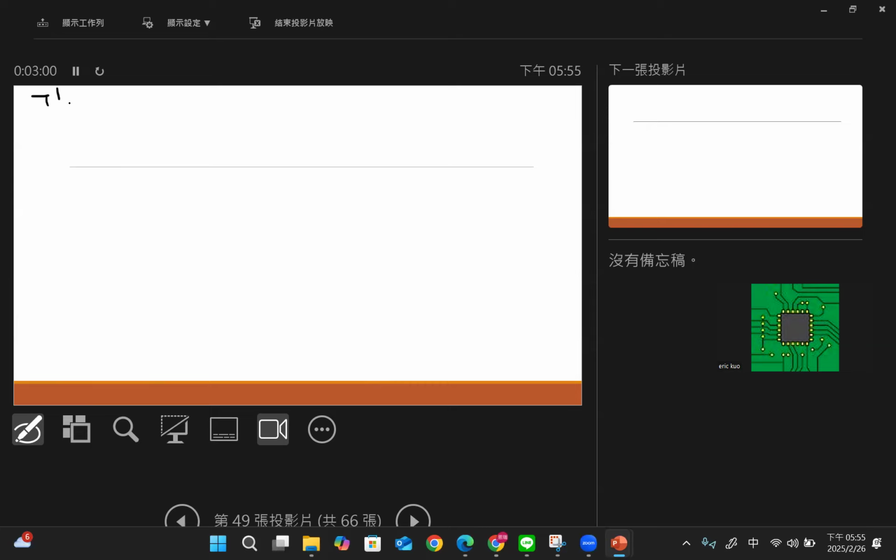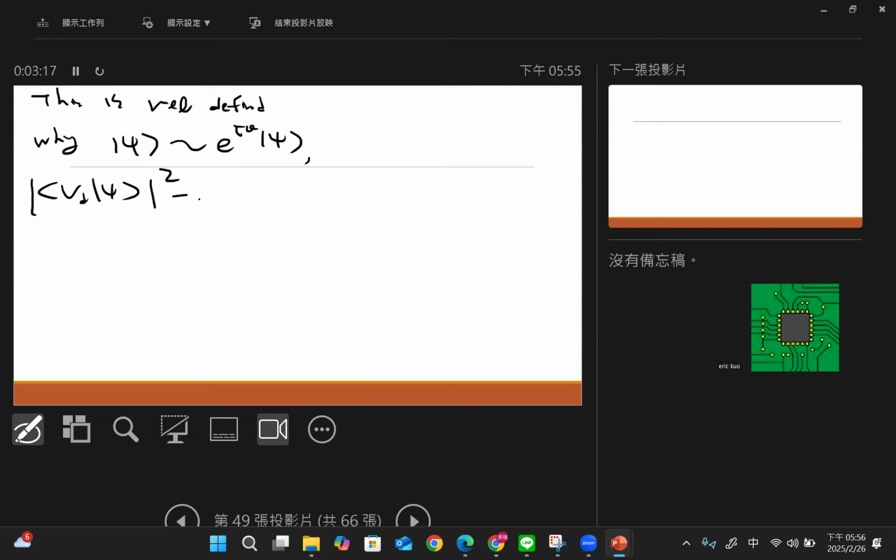So this is well defined. Why? Remember that the states are equivalent up to the phase. But when I compute the probability, since I take the absolute value squared, it's the same if you take vd with e to the i theta, because the phase term has absolute value squared equal to 1.